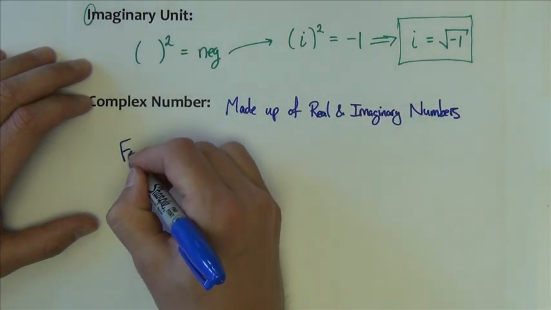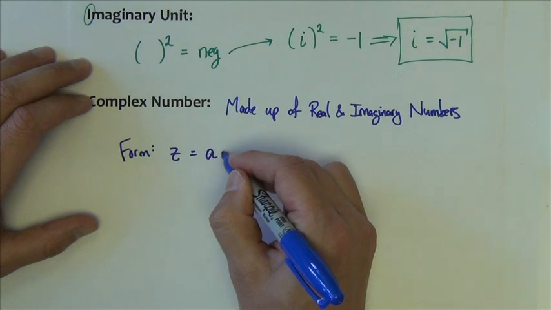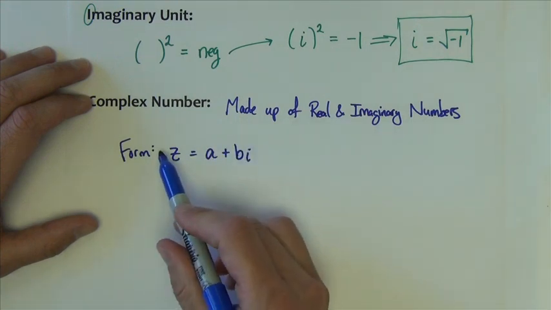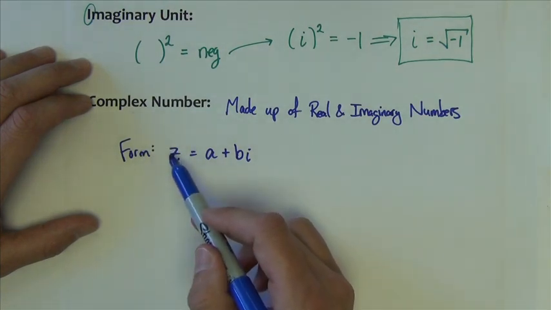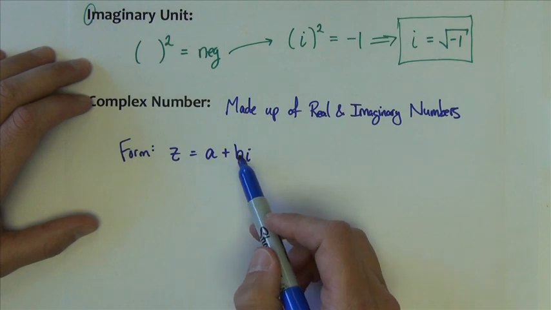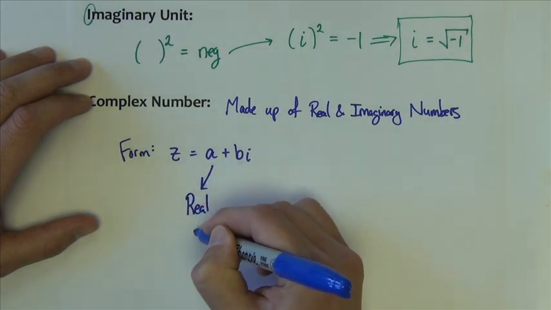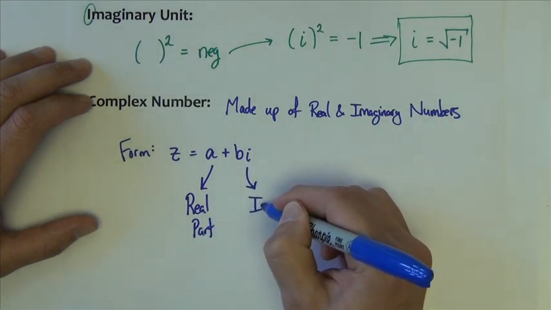They are of this form. Typically, a lot of texts use the letter z to denote a complex number, and they're of the form a plus bi, where a is the real part and the bi is the imaginary part.